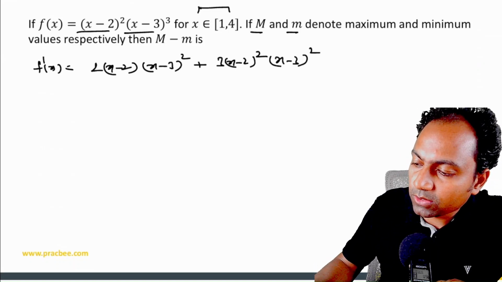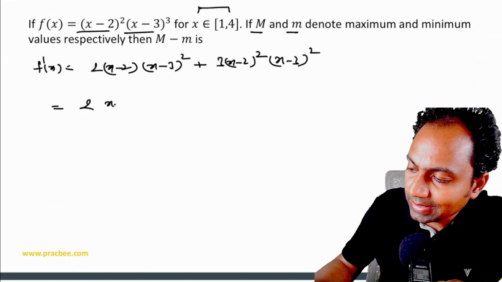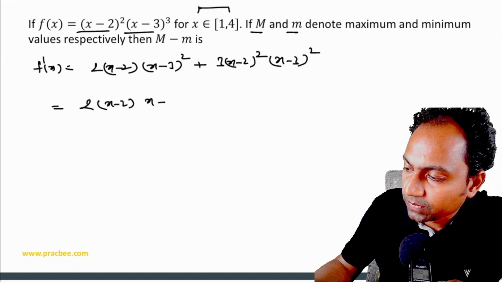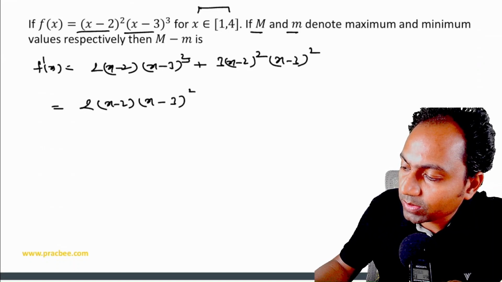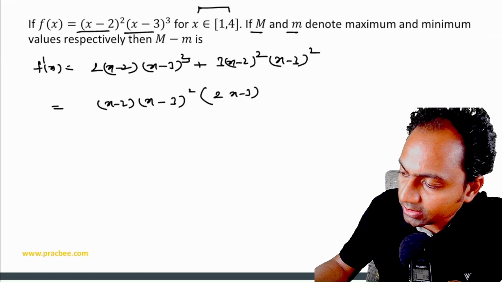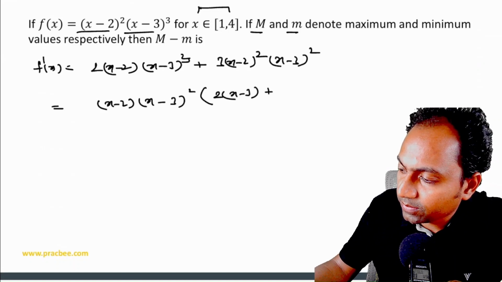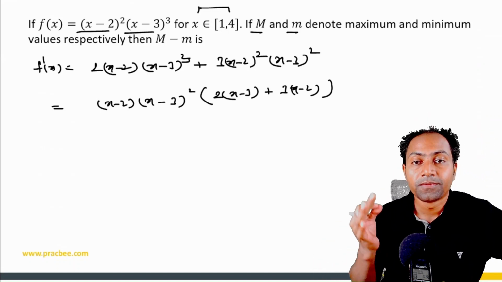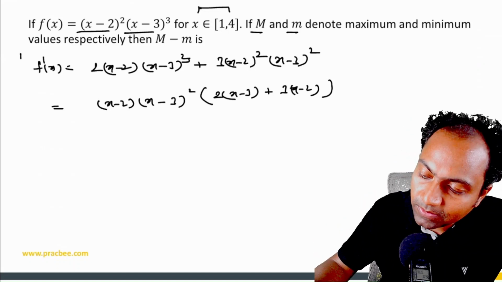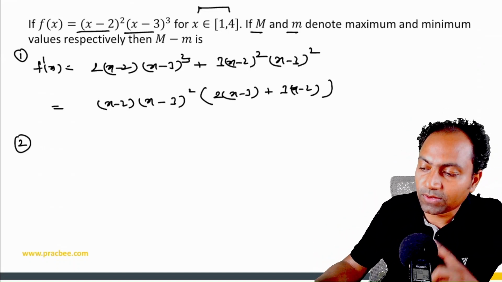And now what we are going to do is we are going to intelligently take x minus 2 into x minus 3 whole square common, and we are left with 2 into x minus 3, and from here 3 into x minus 2. Why we are doing so? Because we will apply first derivative test in order to find local maxima and local minima. That is the first thing we are going to do.